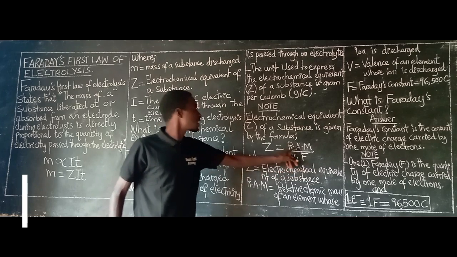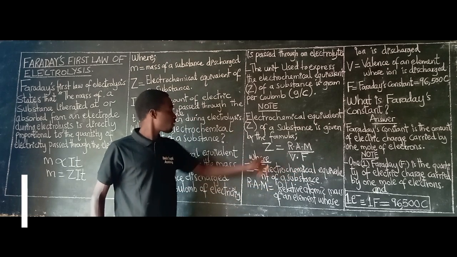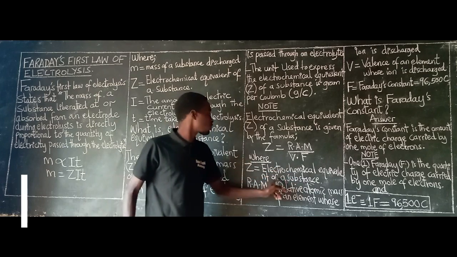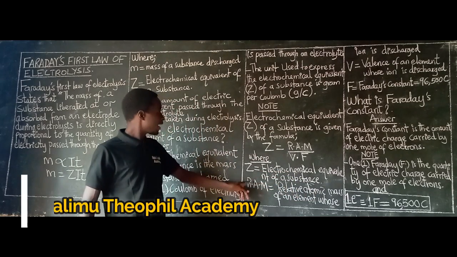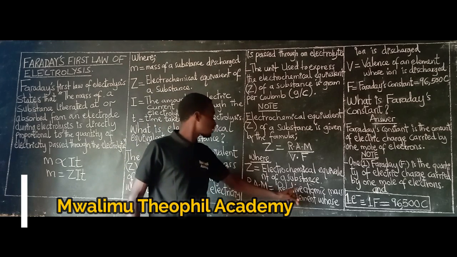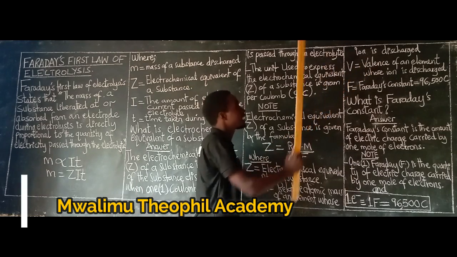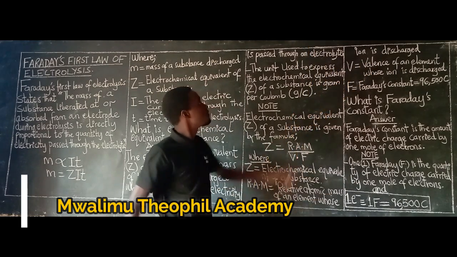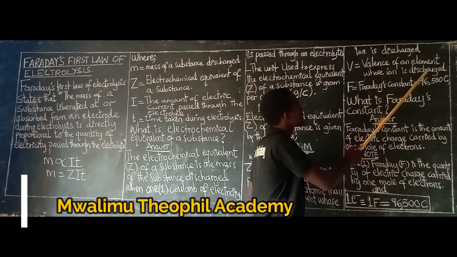What do these stand for? Z in this formula stands for the electrochemical equivalent of a substance, as we have seen in the previous explanation. RAM stands for the relative atomic mass of the substance whose ion is discharged. V stands for the valence of the element whose ion is discharged.